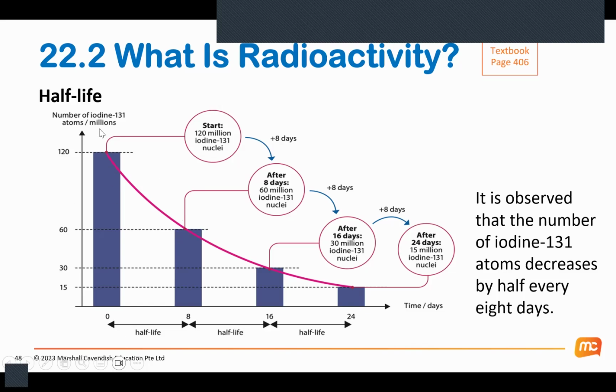At the start, more nuclei decay, and after that, I get fewer and fewer nuclei decaying. For every half-life, there is a fixed amount of time that causes half of the nuclei to decay. That fixed amount of time is called the half-life of the atom.